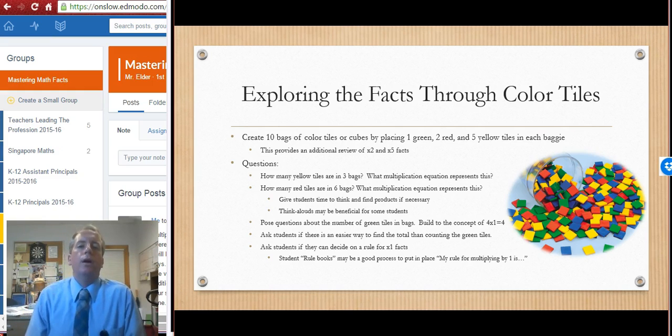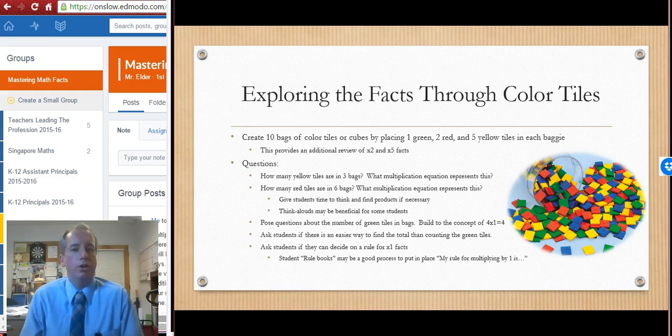But if I had 4 bags, that is going to give me 20 yellow tiles, 8 red tiles, but 4 green tiles, because it's 4 times 5, 4 times 2, and 4 times 1. So sometimes, especially as we get into ratios and things like that, the group size is 1. And we need to make sure we've got that thought in a child's brain as well.